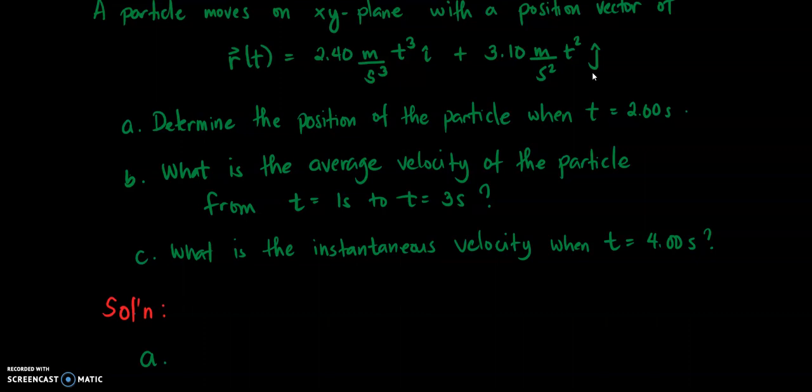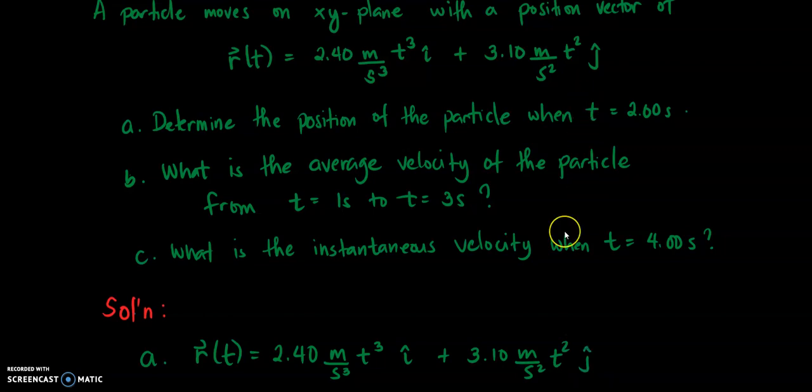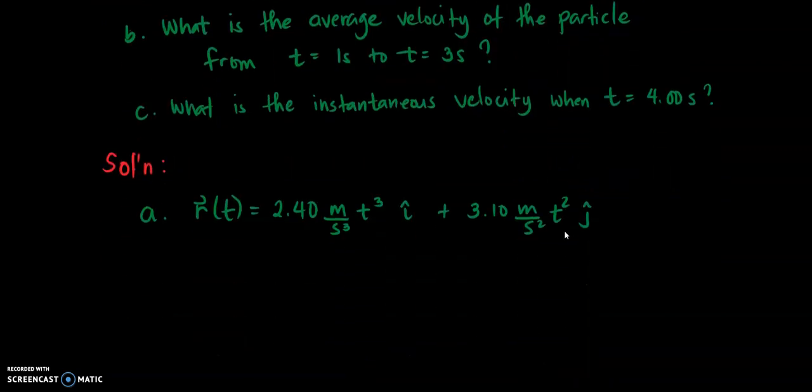So again, we have r of t equal to 2.40 m/s³ t³ i hat plus 3.10 m/s² t² j hat. Again, we will just evaluate this by substituting t equal to 2. So that is r of 2 seconds.